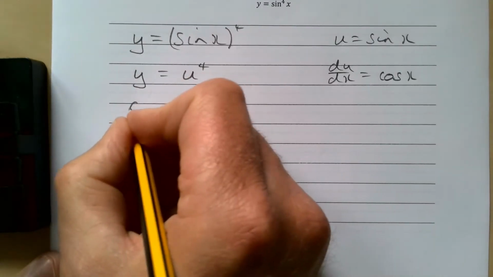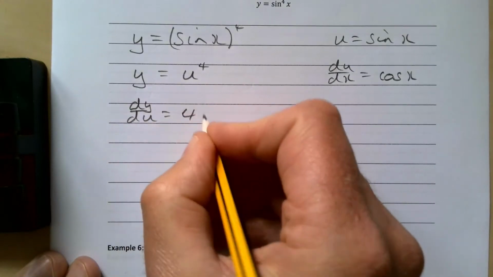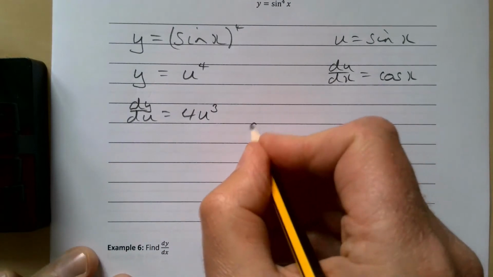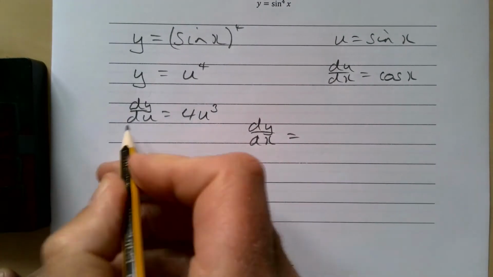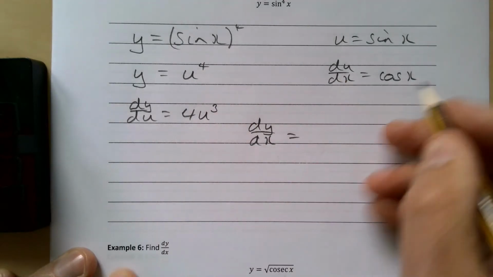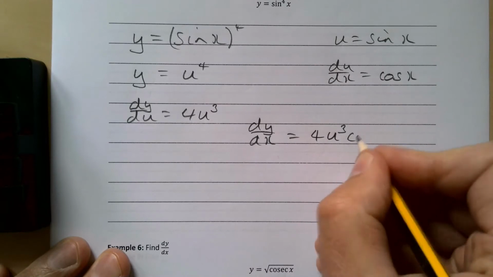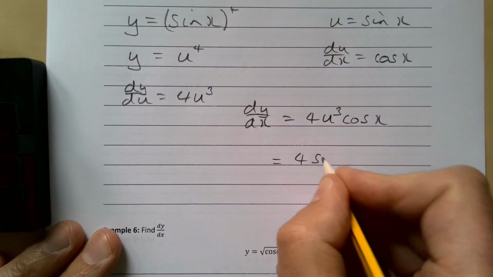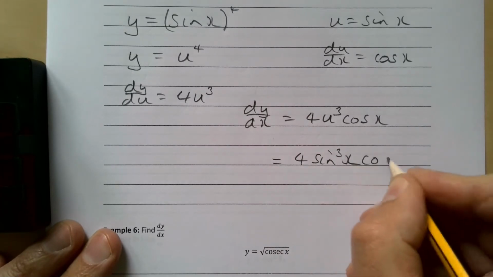If I differentiate this, I get 4u to the 3. dy by dx then is dy by du times du by dx, so it's going to be 4u cubed cos x, and that's going to give me 4 sine cubed x cos x.